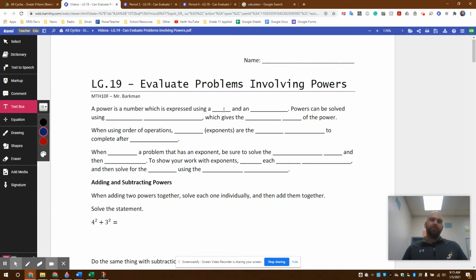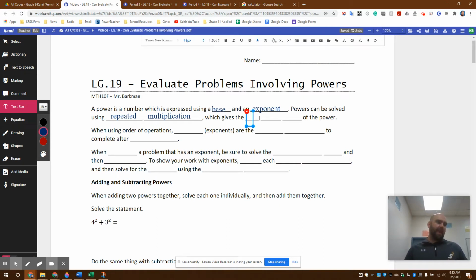A power is a number which is expressed using a base and an exponent. Powers can be solved using repeated multiplication. It's where we would take the base and multiply it by the number of times the exponent tells us to.